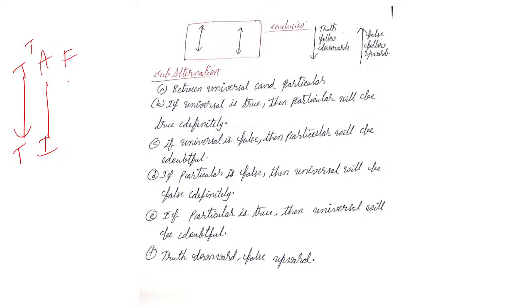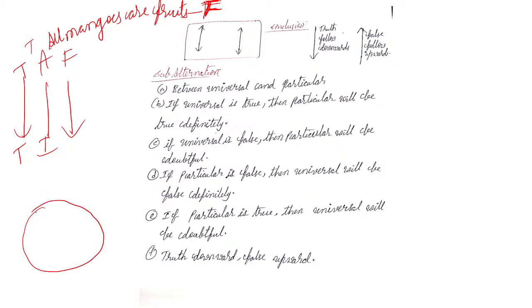Suppose it is false: all mangoes are fruits is false. I am saying this is a false statement. All mangoes are fruits is false, meaning all mangoes are not fruits. Suppose some mangoes are here, some mangoes are here. That means some mangoes are in the fruits.